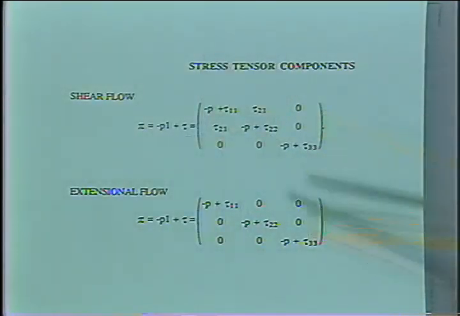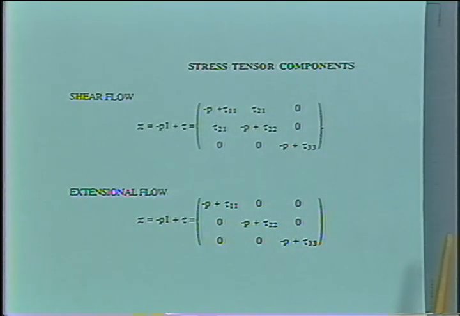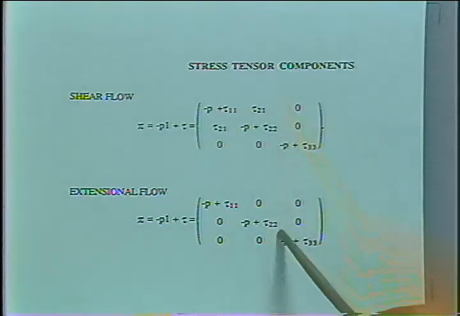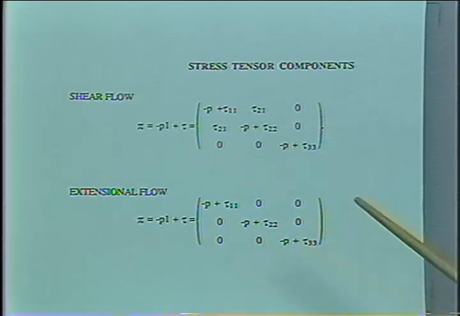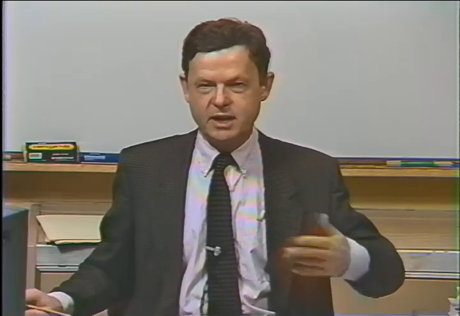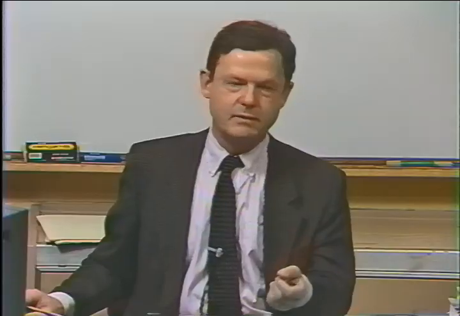This is the two stress matrices for the two flows. And when talking about material functions, I will pull up this slide quite often together with the slide on the deformation gradient and the strain tensor, and then we will look at the relation between stress and strain. By doing that, we use everything we talked about so far, but we use it in a very simple way.